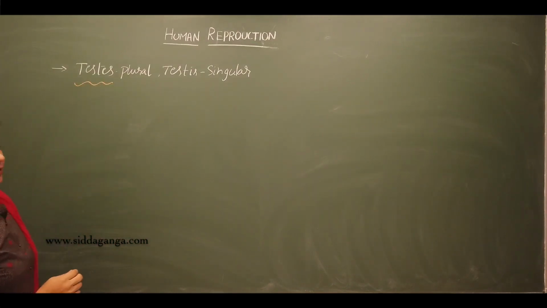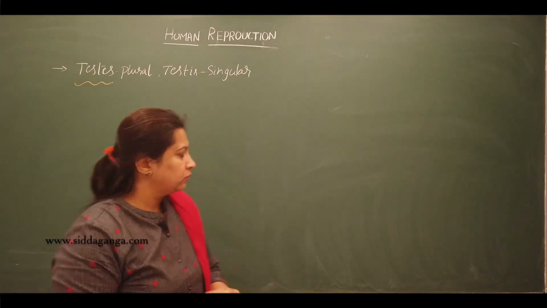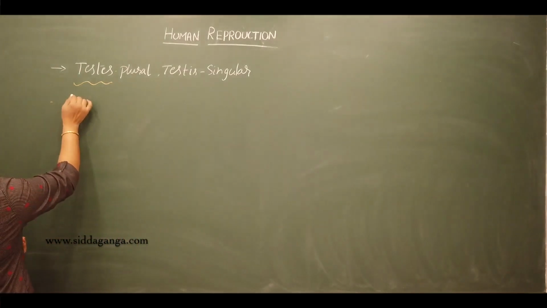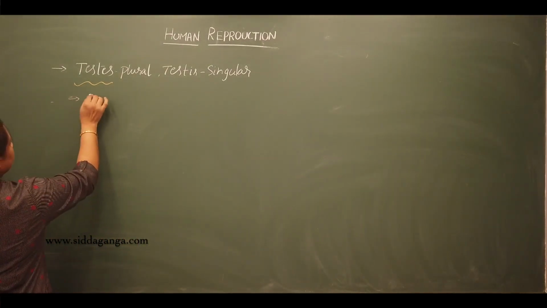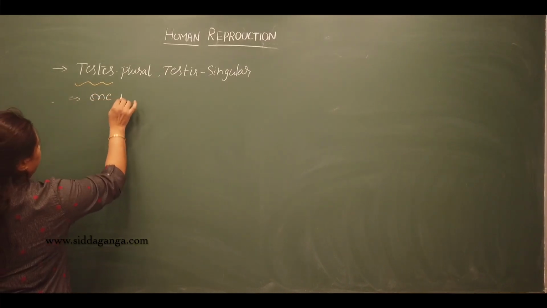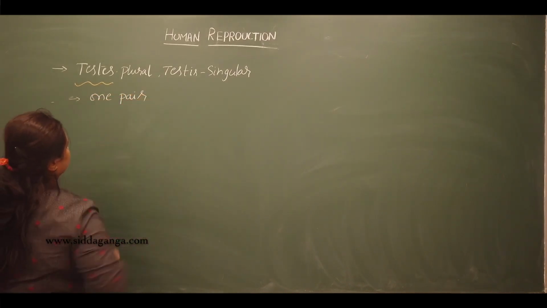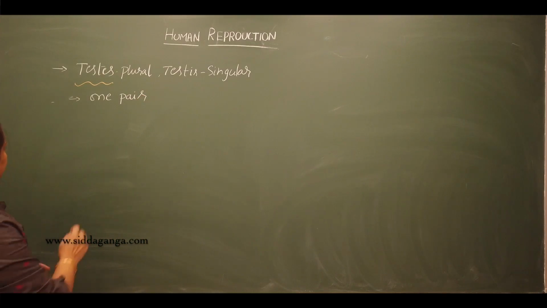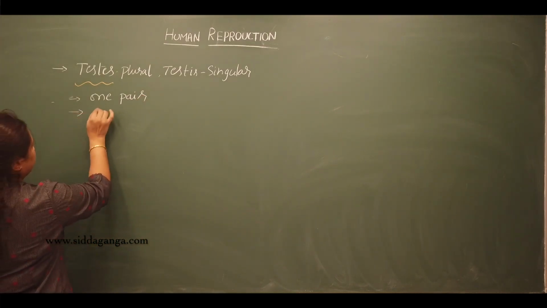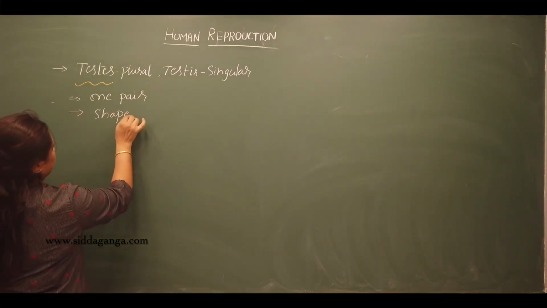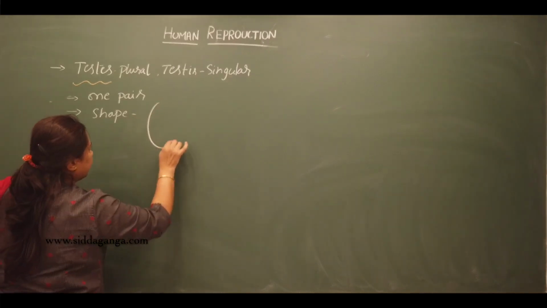Okay, testis. So how many in number? There are 2 in number. That means it includes one pair. One pair of testes are present, and the testis is oval in shape.